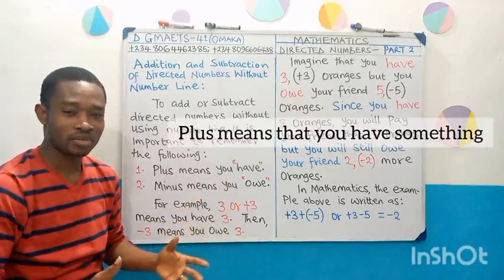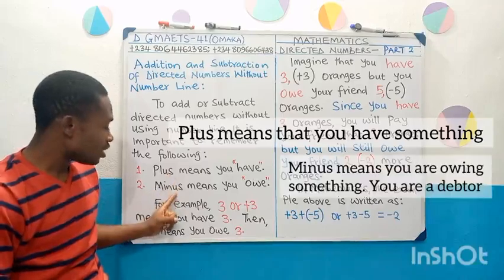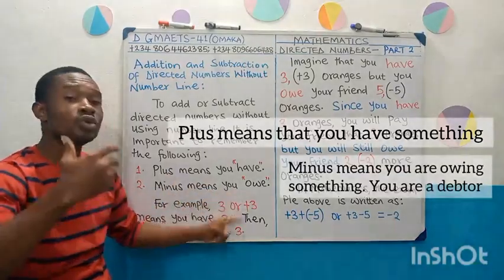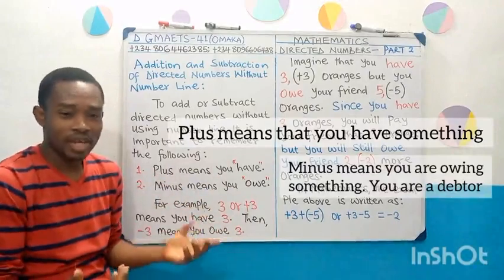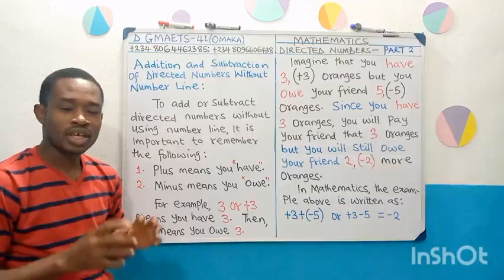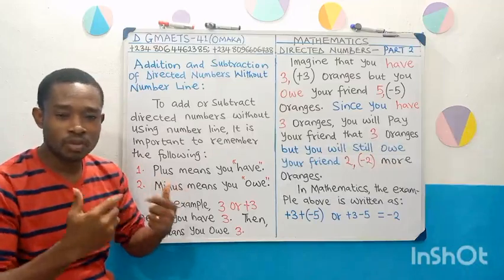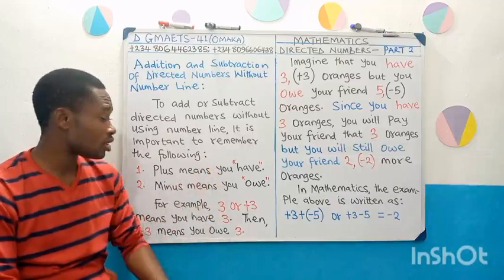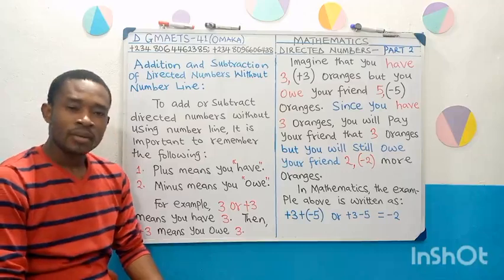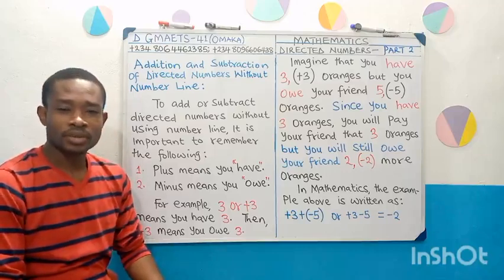That is the meaning of plus here. Number two, minus means you owe. So you are owing someone something, okay? These are the two things that are going to guide us as we solve problems on directed numbers without using number line.